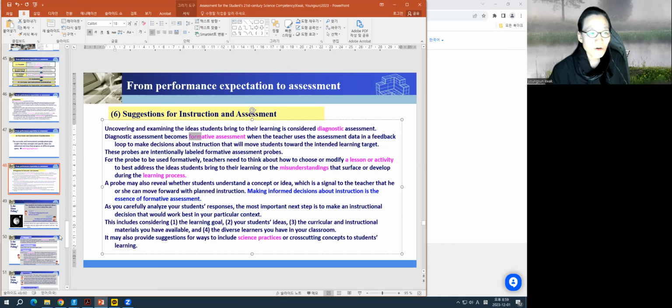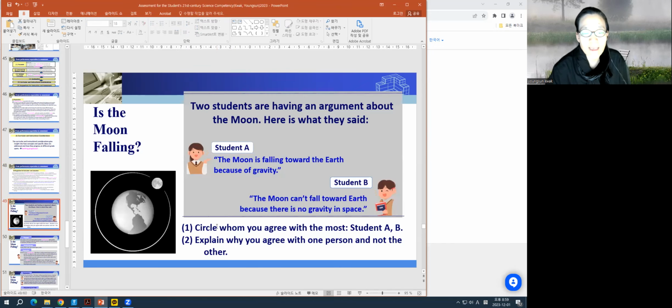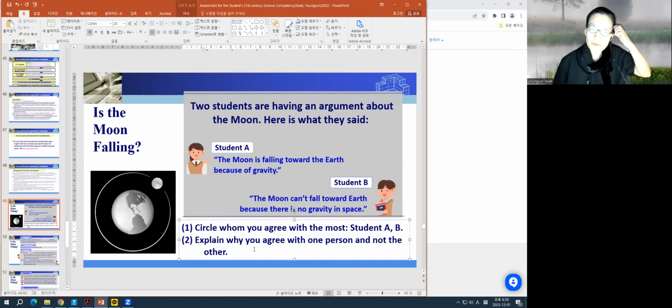Okay, let's move on to a competency-based assessment focused on explaining students' thinking based on evidence. This one is focused on the middle school level. This is the context of the assessment item. Two students are having an argument about the moon.